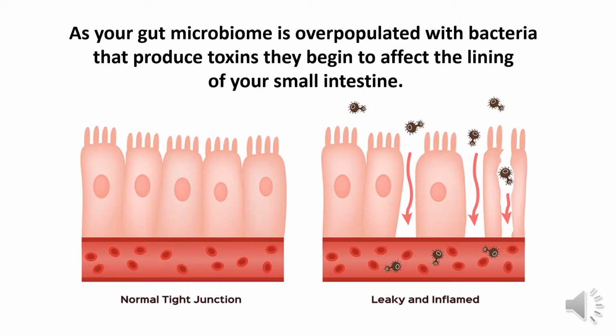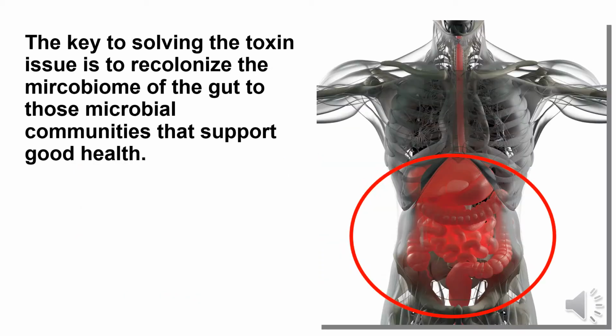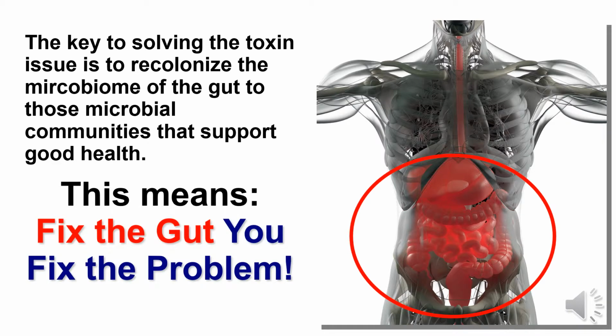As your gut microbiome is overpopulated with bacteria that produce toxins, they begin to affect the lining of your small intestine. So, the key to solving the toxin issue is to recolonize your microbiome with microbial communities that support good health. This means fix the gut, you fix the problem.